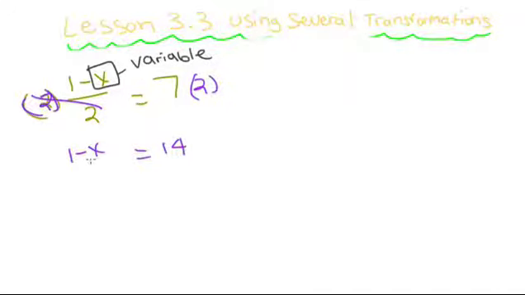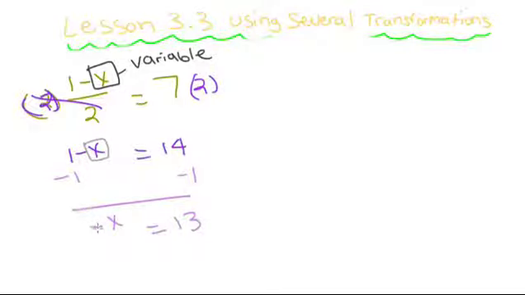Now let's isolate this variable. We want to isolate x here, and to isolate it, we will have to subtract 1 from both sides. To get negative x, because we still attach this negative sign to the variable, negative x is equal to 13. To isolate x, we want to get rid of the negative.